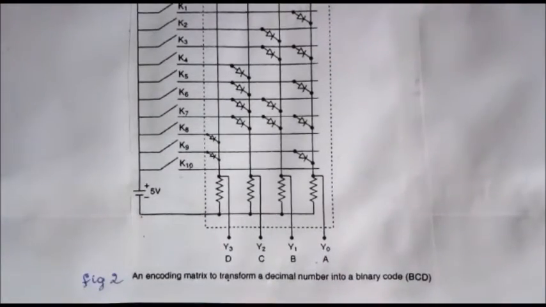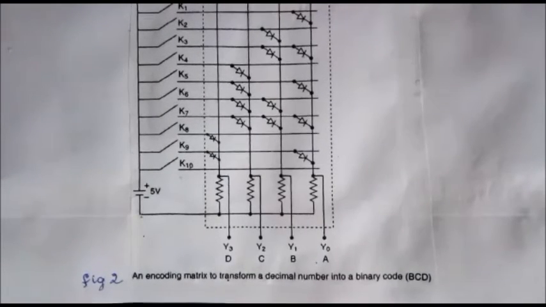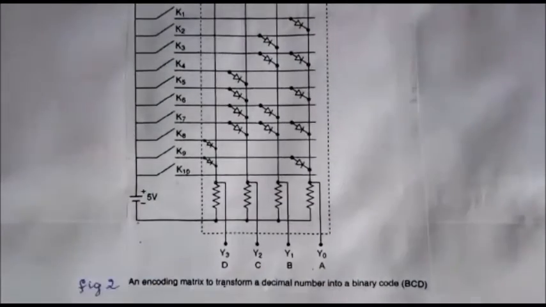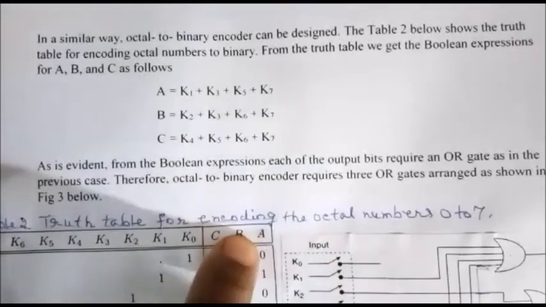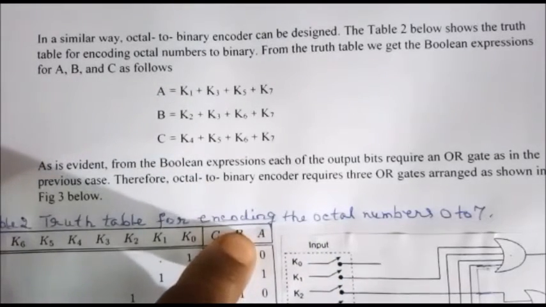And here you will find 4 resistances, and the power supply is represented by plus minus 5V. So an encoding matrix to transform a decimal number into a binary code BCD has been shown in this figure. In a similar way, an octal to binary encoder can be designed.